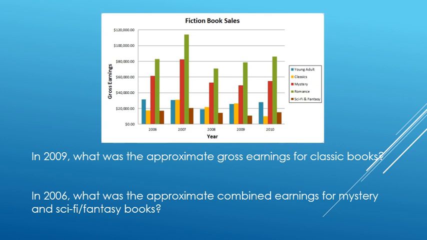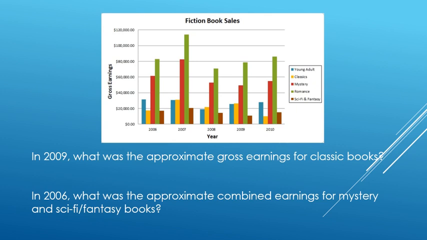But it doesn't really measure in between those. So we have to estimate based on how far up the particular bar is. We have to sort of estimate about what that cost is going to be.